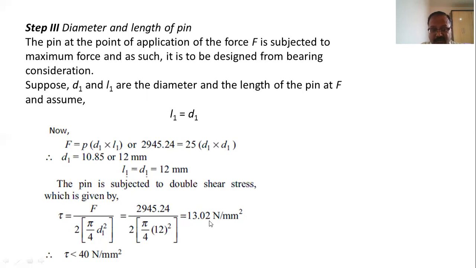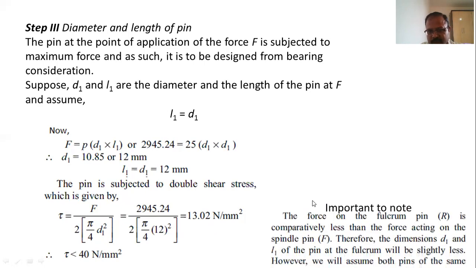This is the induced shear stress, while 40 Newton per mm square is the permissible shear stress. Therefore, we can say that the pin is safe in shear because it is quite less than 40 Newton per mm square.